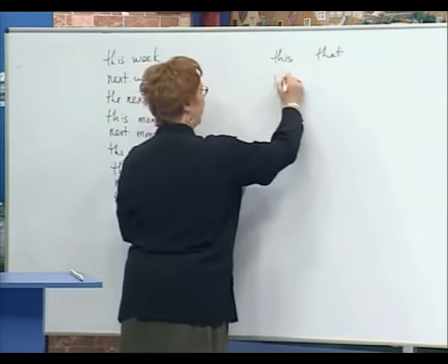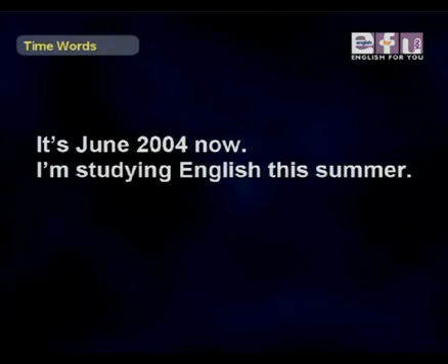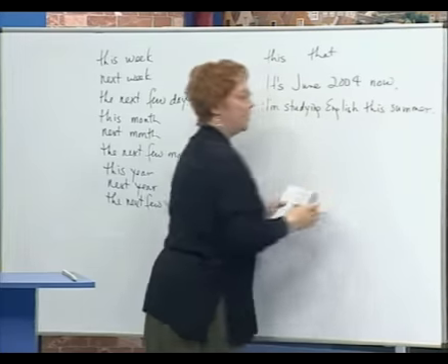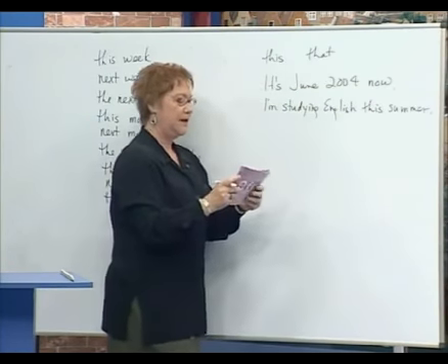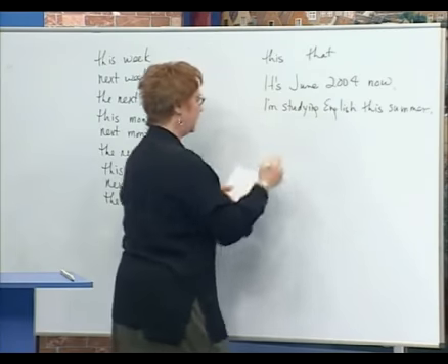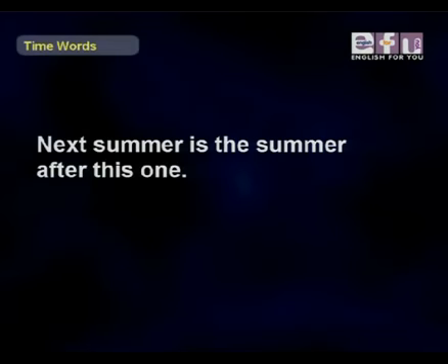So if we say it's June 2004 now, I'm studying English this summer. Okay? I'm studying English this summer, meaning the future. Next summer is the one after this one. Next summer is the summer after this one.